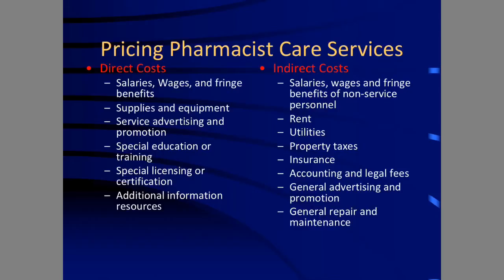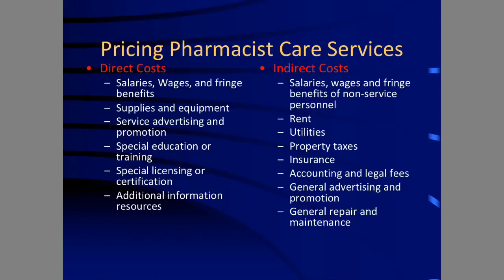I opened this lecture talking about services just because I think this is the new realm for pharmacy in the future, but we have to look at this also from a business standpoint. So in doing any type of services within our pharmacy, whether it's working with the physician's office, immunizations, or MTMs, we need to look at what our direct costs are that cover the delivering of this service, such as licensing, education, marketing, supplies, and personnel.